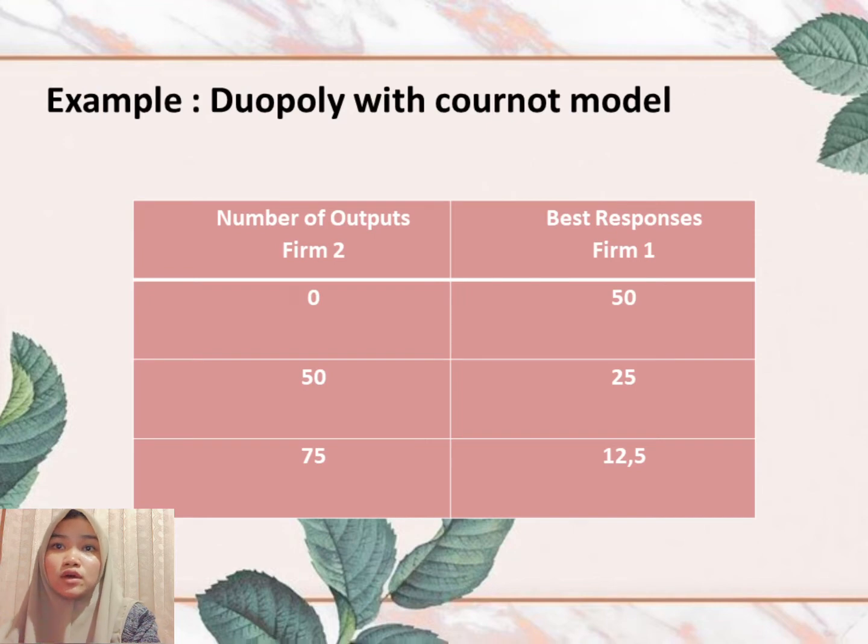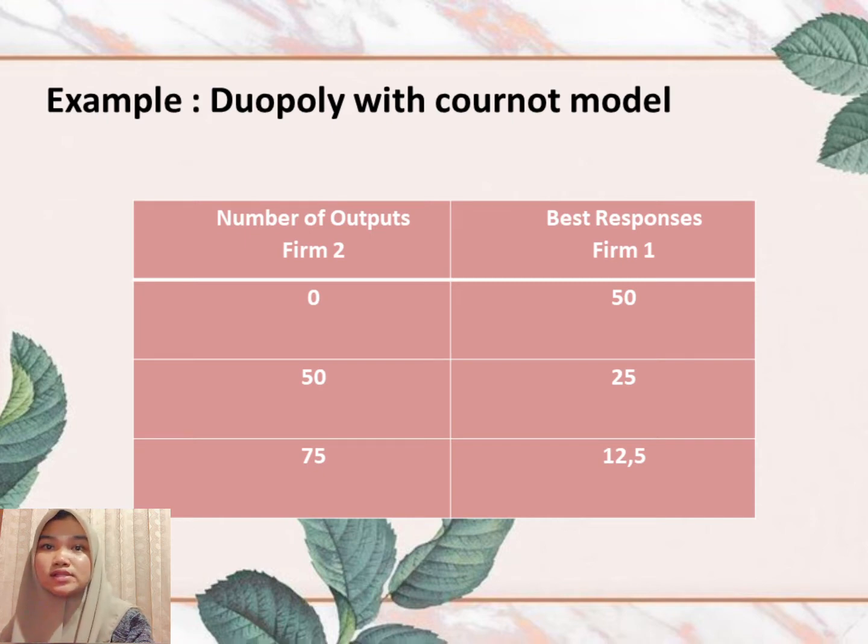Okay, next we will go to the example, which is a duopoly with the Cournot model. When firm 1 believes that firm 2 doesn't produce goods, the demand curve that it faces is the same as the market demand, which is D10. With this assumption, the company will produce 50 units at the condition where marginal revenue 10 equals MC1.